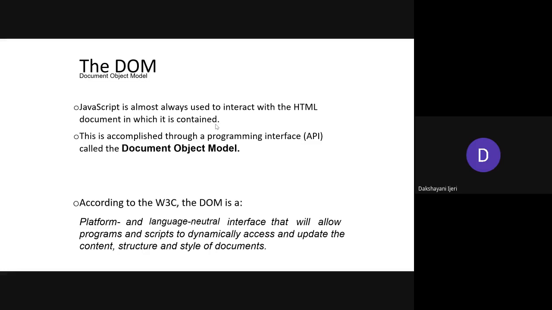It is meant to do something with the content of the HTML, right? So that's the reason why you are writing the JavaScript. And how is it done? It is done through a programming interface known as the document object model. So basically, you can say that the document object model is an interface, or a link, between the HTML and the JavaScript.